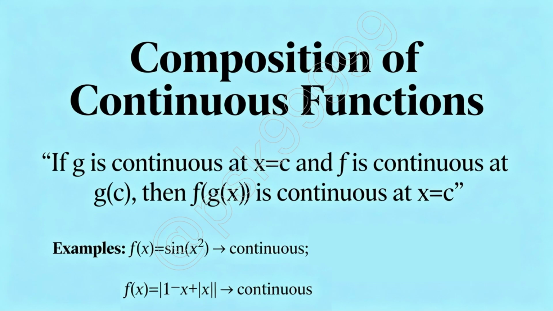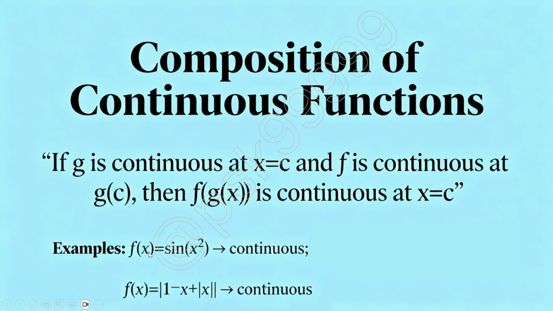Next, composition of continuous functions. This is a very simple thing. If g is continuous at x equal to c and f is continuous at g of c, then f of g of x is continuous at x equal to c.